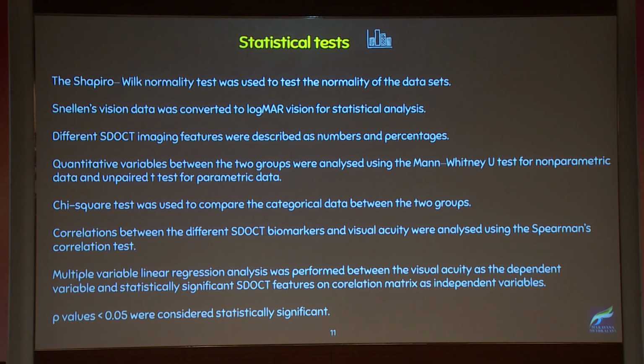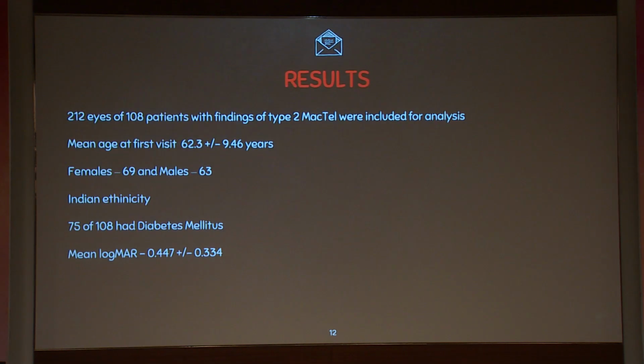The correlation between different SDOCT markers and visual acuity was analyzed using Spearman's correlation test. Multiple variable linear regression analysis was performed with visual acuity as the dependent variable and statistically significant SDOCT features on the correlation matrix as independent variables. P values less than 0.05 were considered statistically significant.